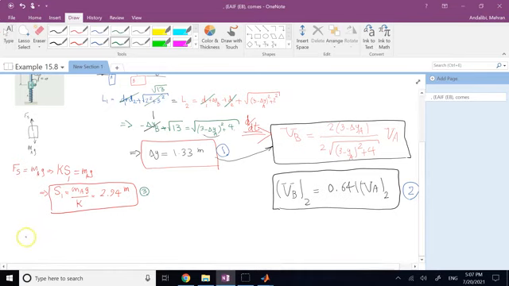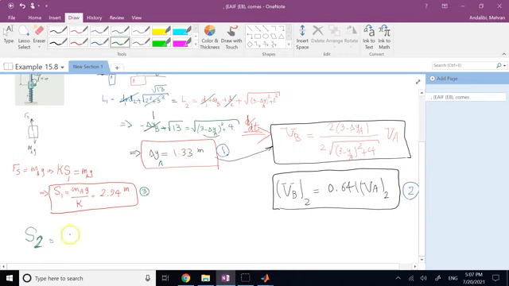Now, if I ask you right here, how much is the second elongation of the spring, which is basically when A has gone up 1.33 meters, correct? When A has gone up 1.33 meters, how much is the second elongation in the spring? Initially, it is compressed 2.94. Now, 1.33 meters of that is released.